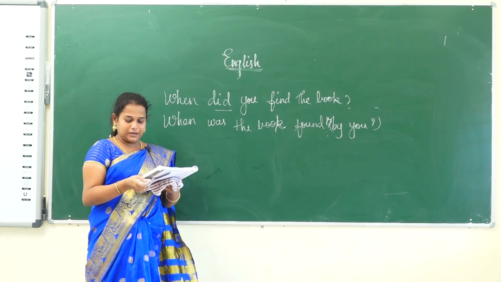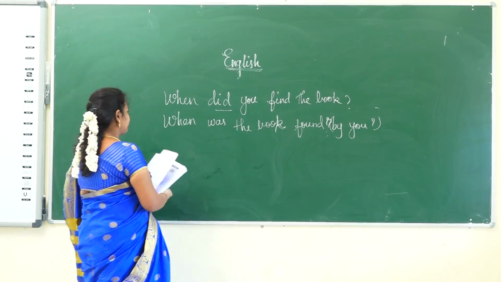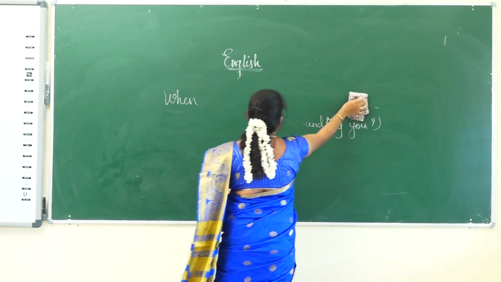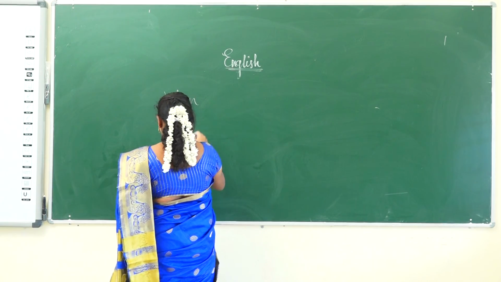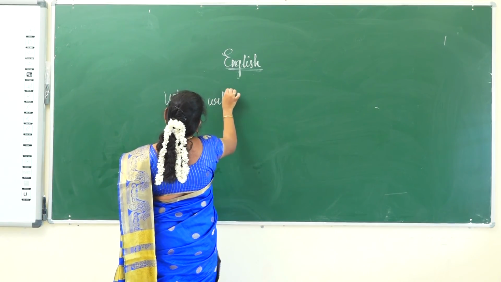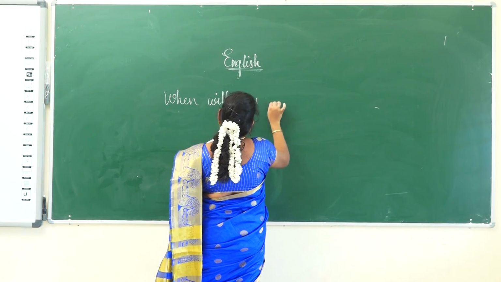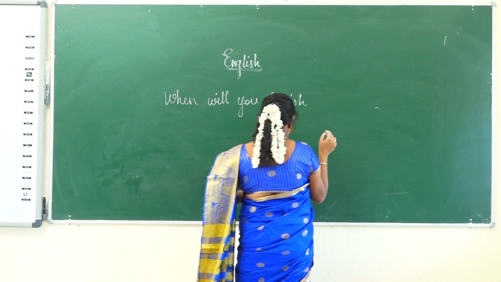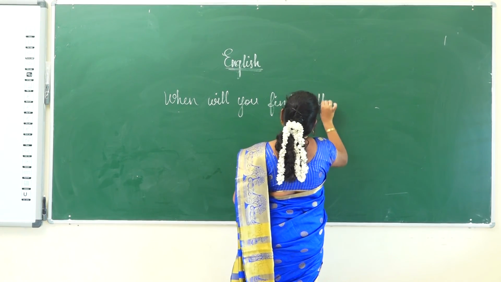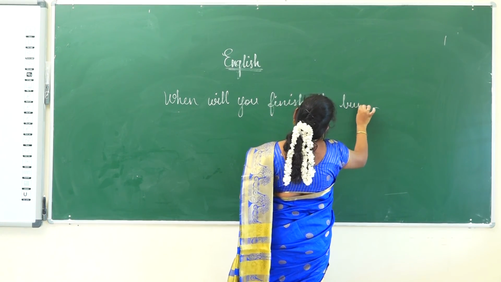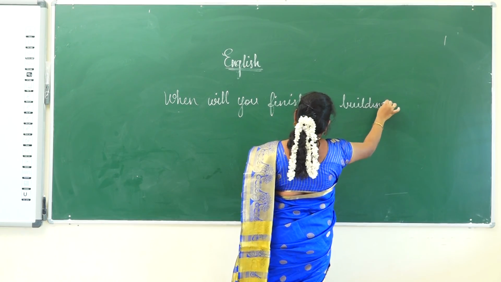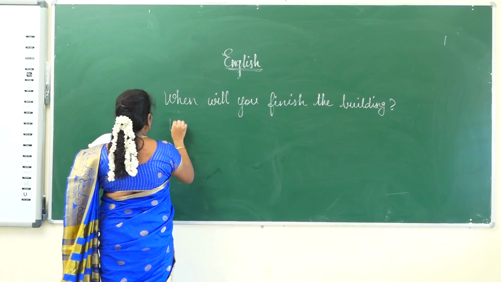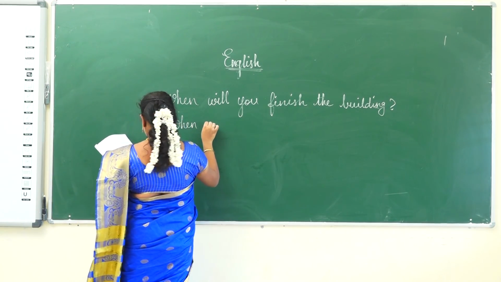When will you finish the building? How will we write? When will you finish the building? How will we convert the sentence? So, the when will remain as it is, will also remain as it is.